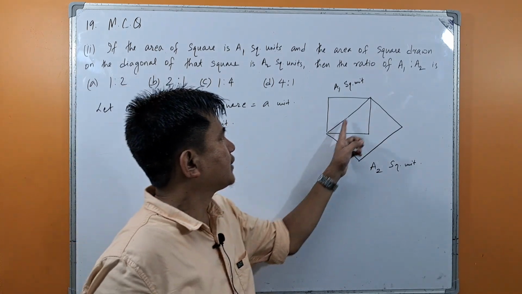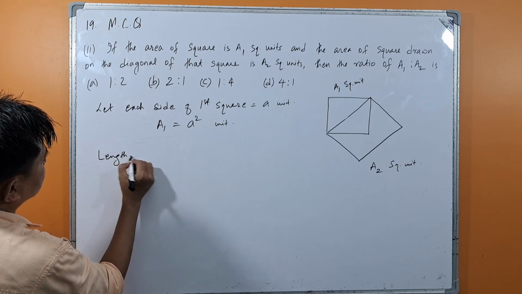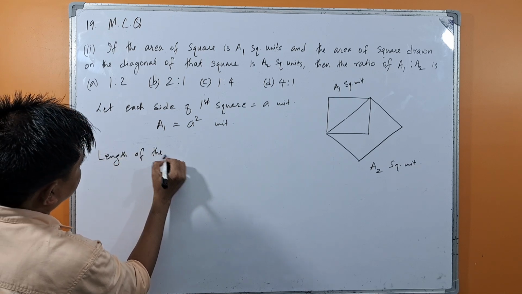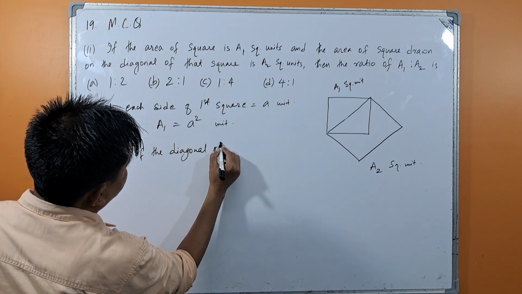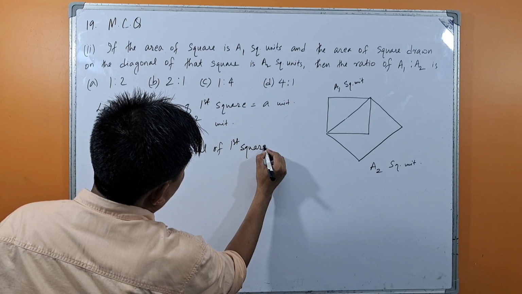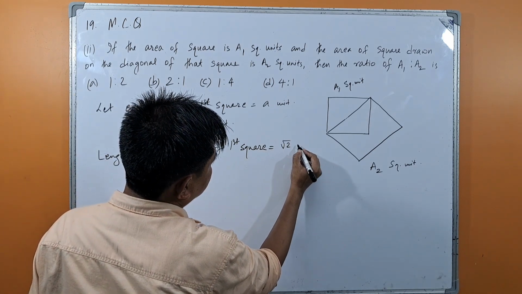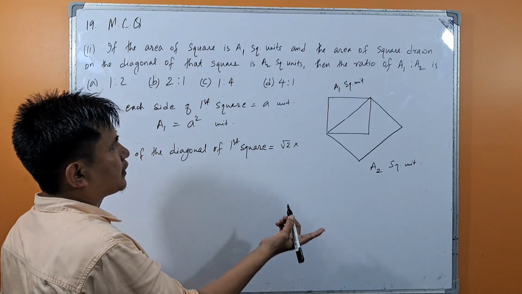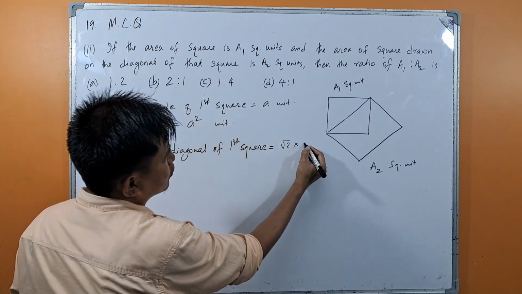And length of the diagonal of first square equal to, length of the diagonal is root 2 into A, isn't it? Root 2 into A. Root 2 into side, side is A because each side of the first square is A, so root 2A.